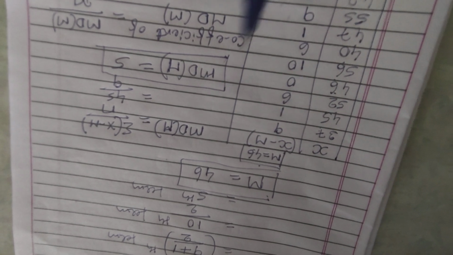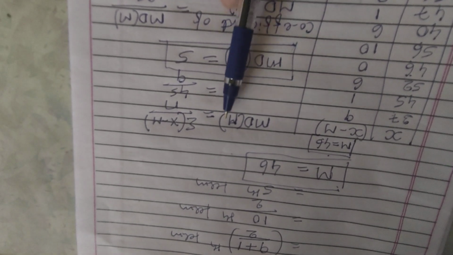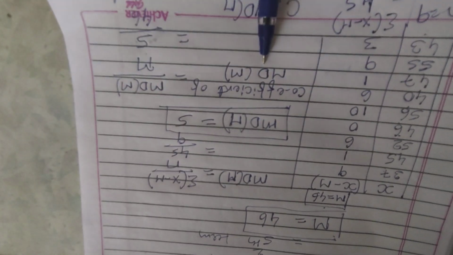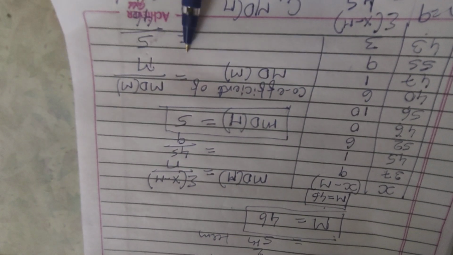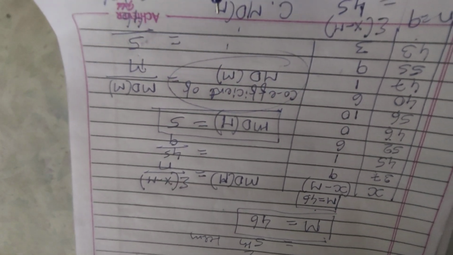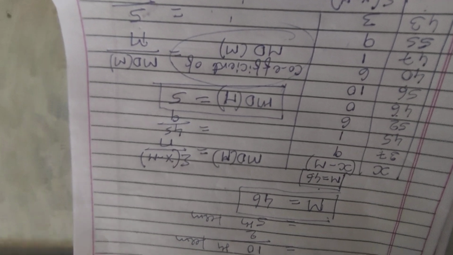After calculating this, we find the mean deviation from median, and then calculate the coefficient of mean deviation. This is the relative measure. It is also very important for your 5 marks.